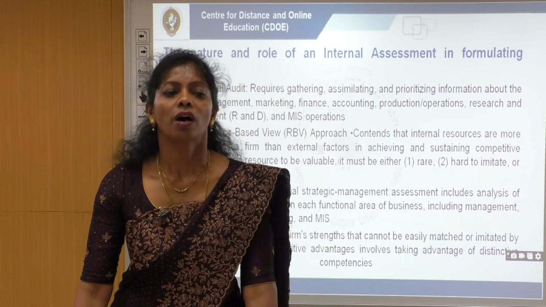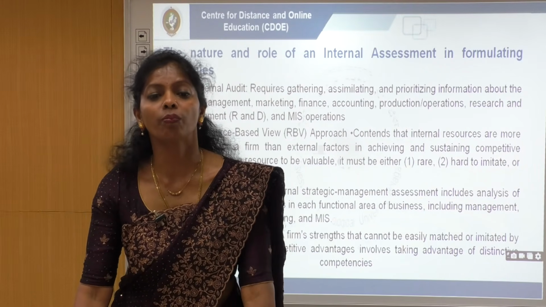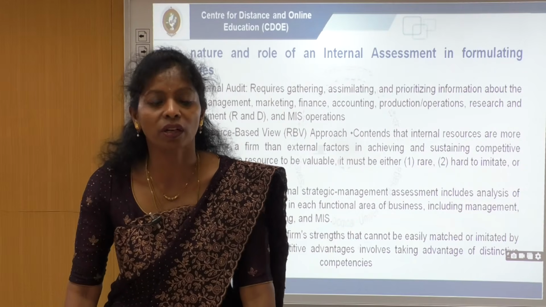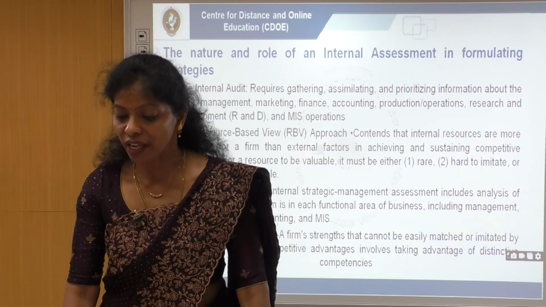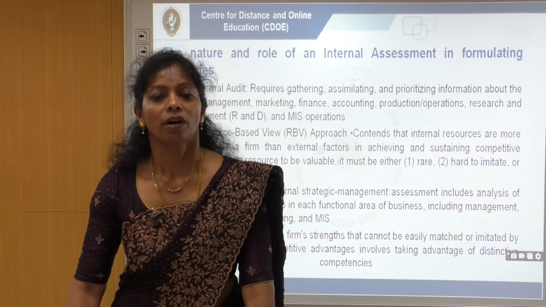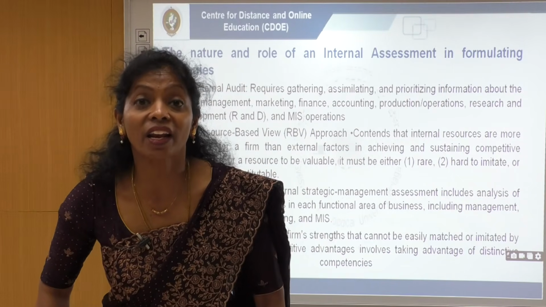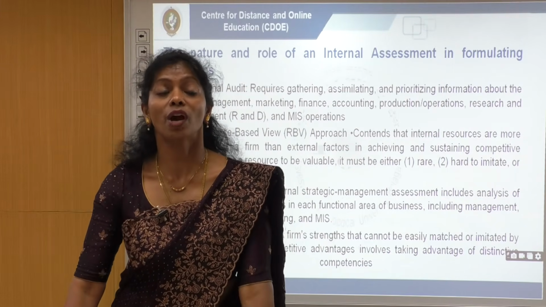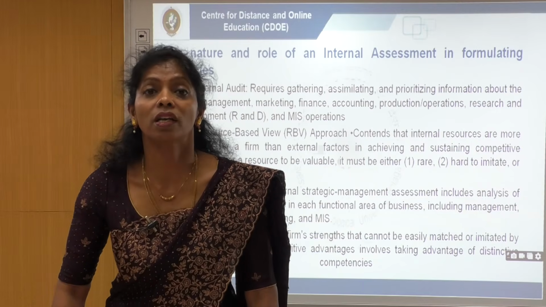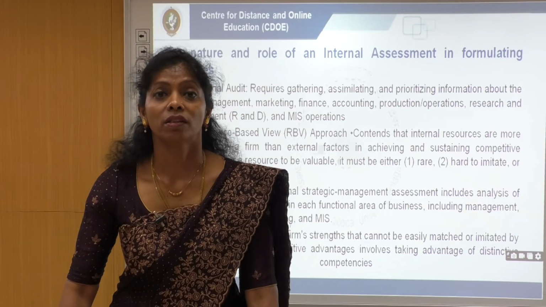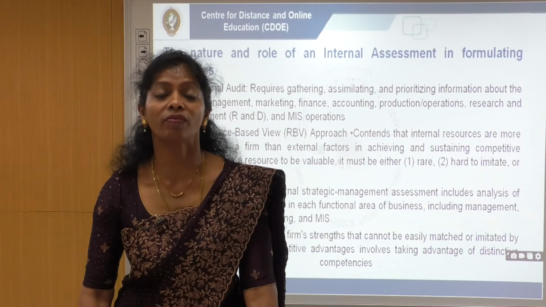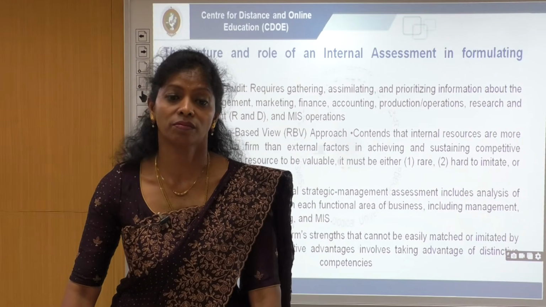We talk about RBV, the resource based view approach, where it says that in an organization there are 3 types of resources. Resources which are rarely available. If you are using such resources in an organization, the organization has a competitive advantage over somebody else.